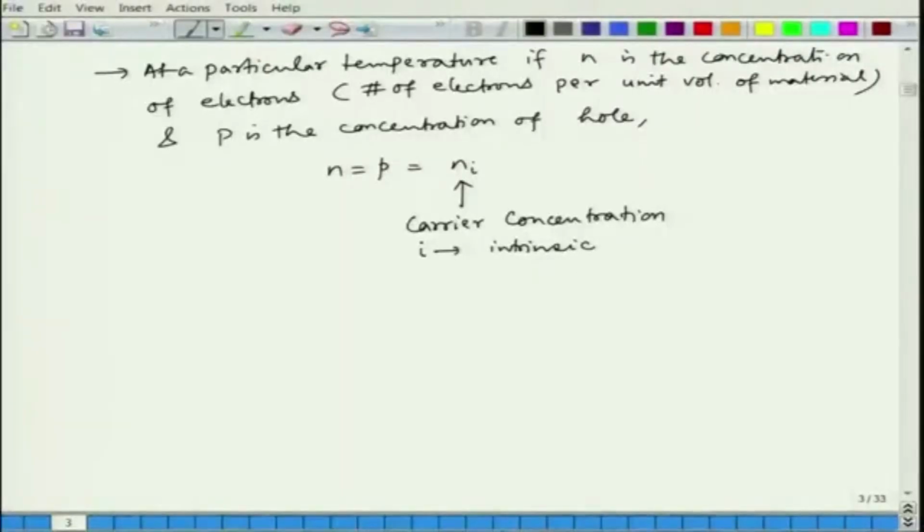In this case the example we are using is silicon. So, for pure silicon bulk material, at any given temperature you will have a certain carrier concentration, which is called intrinsic carrier concentration, and we designate it with Ni. So, i stands for intrinsic. This Ni, or intrinsic carrier concentration, is a material property.